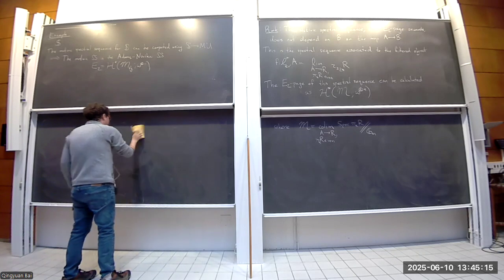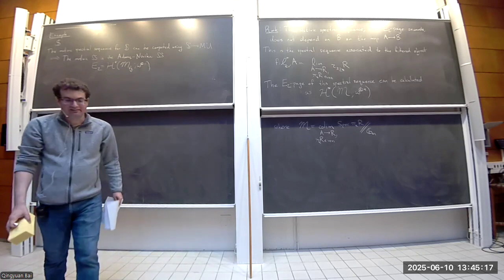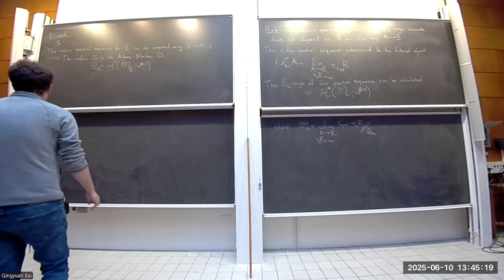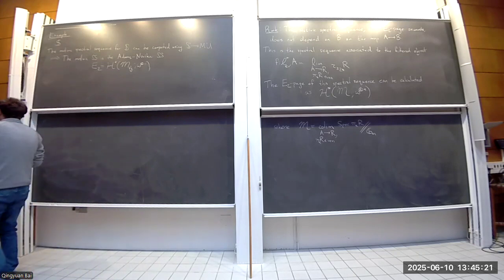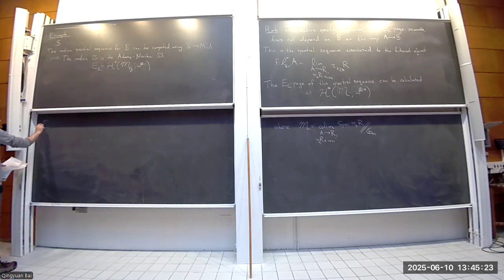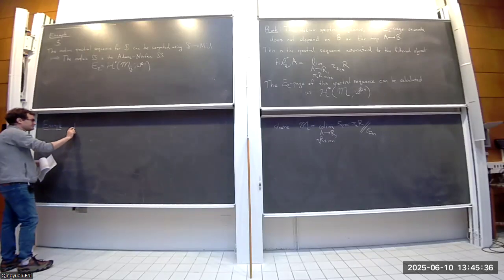But this is a somewhat complicated example in many respects, and the Adams-Novikov spectral sequence is somewhat complicated. I just want to point out that there are other examples that we have already discussed a little bit, which will be a little more straightforward.